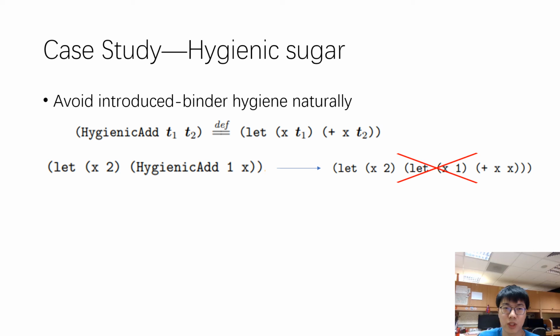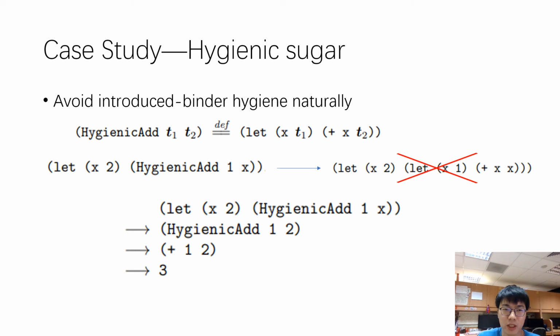Just see the meaningless sugar hygienic add, which introduces the binder X. So for the program let X be 2 in hygienic add 1 X, if we desugar it directly, there will be a confusion between different Xs. But by lazy desugaring, we won't need to expand the sugar until necessary, so the binder is introduced without a problem. For more general hygiene, we can extend our method with existing hygienic approaches.